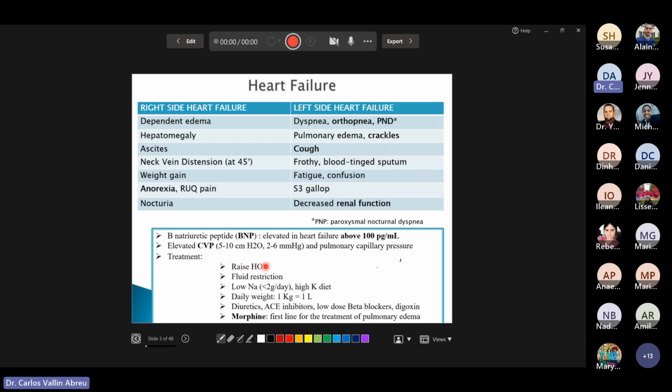This intervention will instantly bring an improvement of the symptoms because it will clear an important percentage of the upper part of the lungs of liquid, and it should be done before oxygen, before any other intervention. Of course, after doing that, you can add oxygen if the client is having hypoxemia, as is expected.